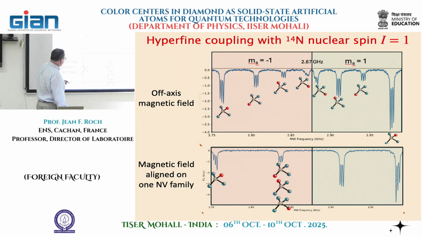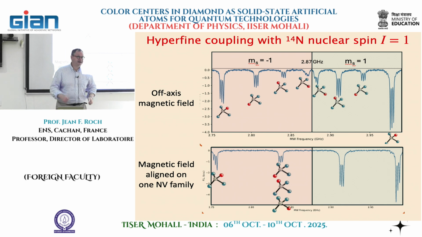Now what I will do, as you see here, is apply the magnetic field along one NV family. And what you see in that case is that the spin polarization starts to appear, because there is a much stronger line that starts to appear.